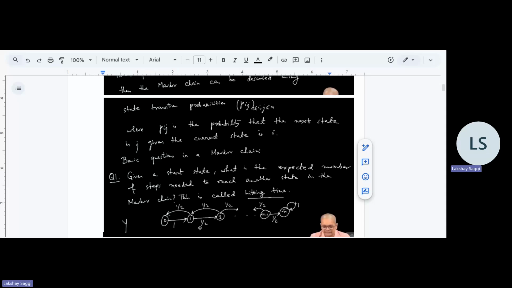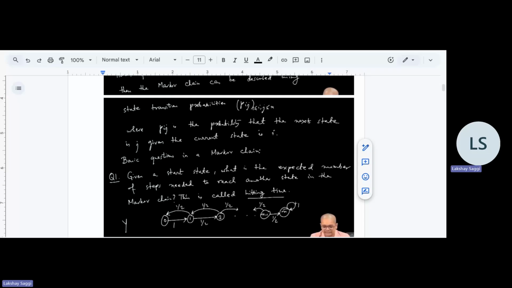These are the transition probabilities. Then what's the expected number of steps required to reach from state 0 to state n? There's a path where you can reach from 0 to n in a straight line.